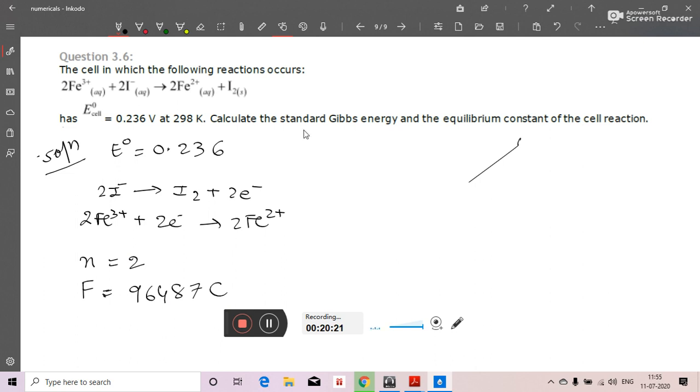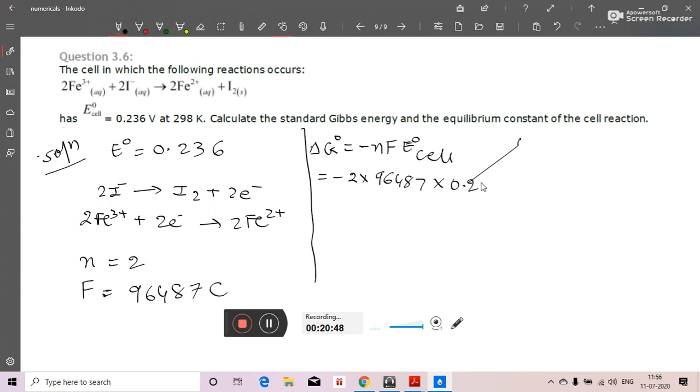Now first of all let us find out standard Gibbs energy from E naught. So equation is delta G naught equal to minus NF E naught cell. So that is equal to minus 2 into 96487 into 0.236.